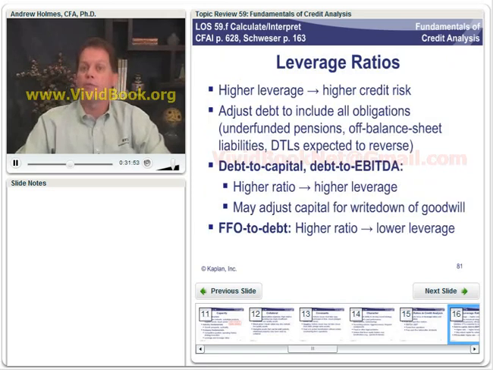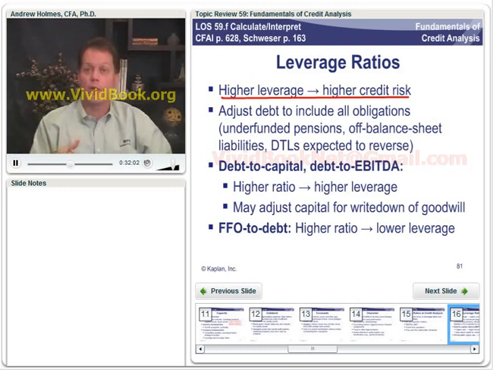So leverage ratios tell us how much debt we have. The higher the leverage, the higher the credit risk. So you can think of yourself as being someone who makes a lot of money. You own a home. The home doesn't have any debt against it, so you have very little debt. Well, you're going to have lots of assets and very little debt against them.